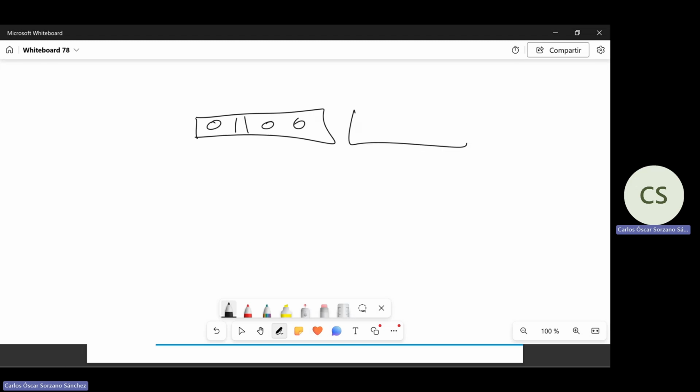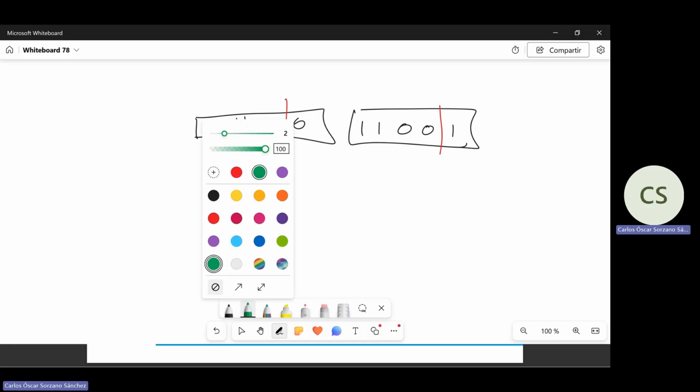The other one is 1, 1, 0, 0, 1. And then I choose at random one breaking position. You will generate two offspring.